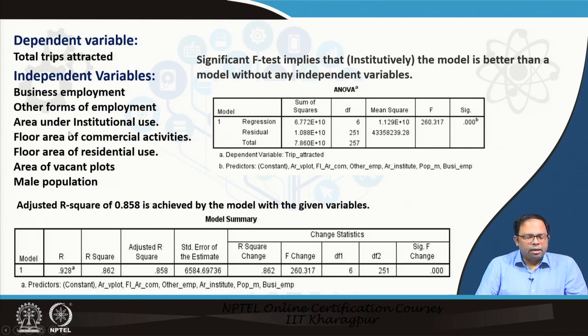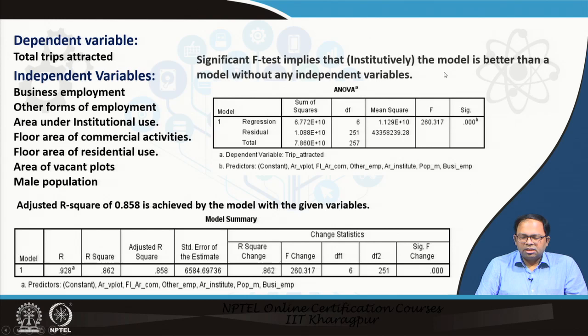Now, because we have taken business employment, business use actually should be avoided. And because we have area of vacant plots, that means if an area has a lot of empty space, that has also been considered by the model.